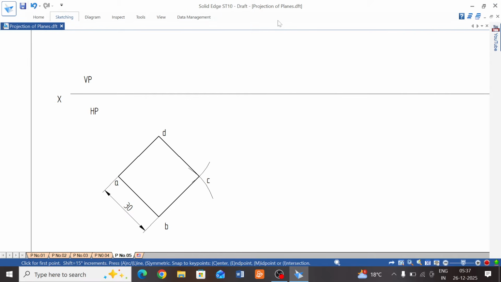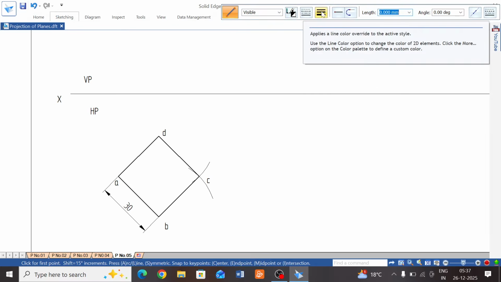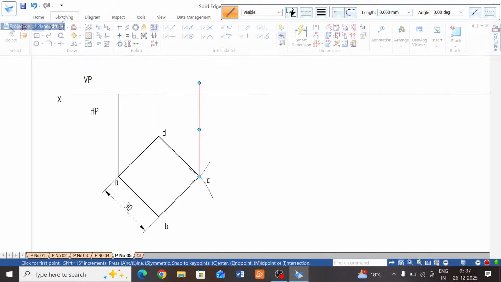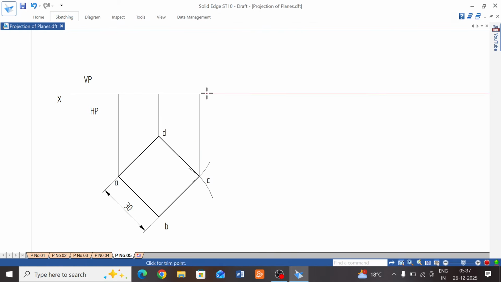Using a scale and thin line, project from A up to the XY line, then B and D on the same line, then C up to the XY line. All those lines are perpendicular.